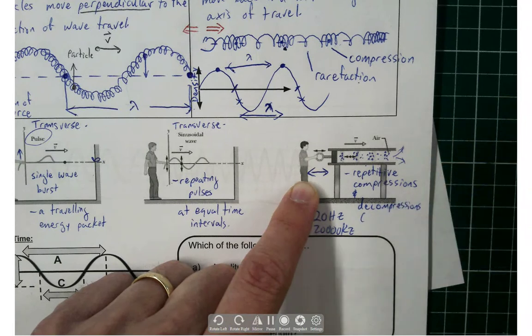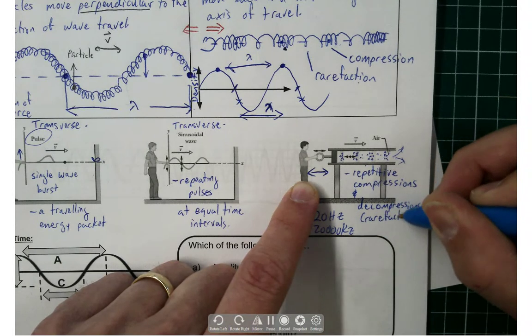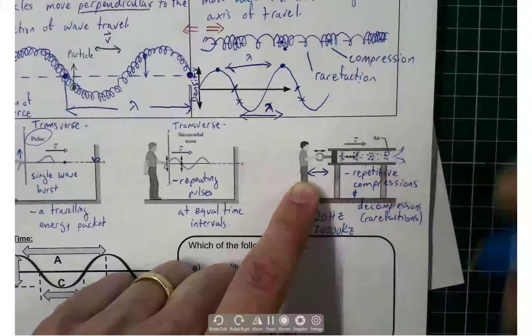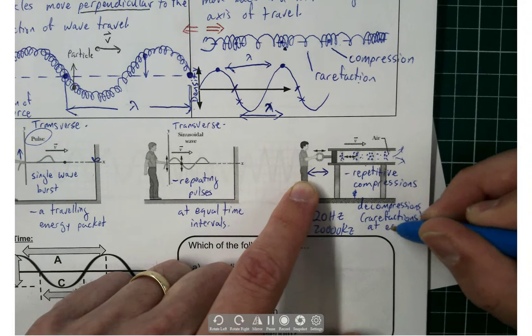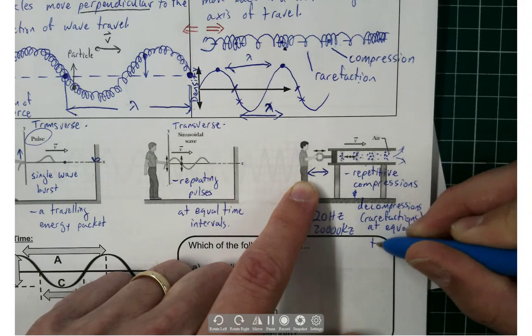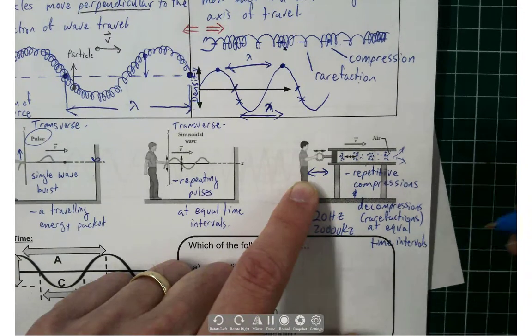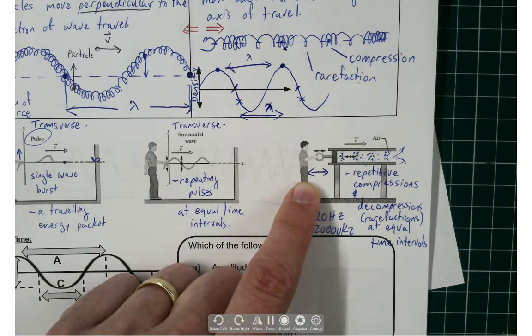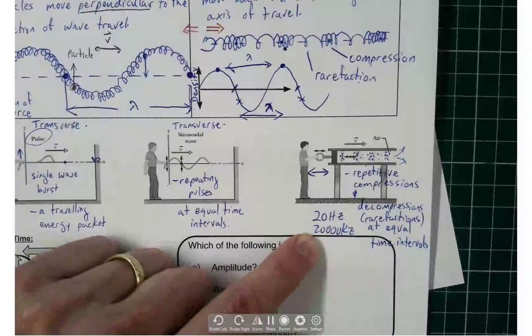And remember, we don't really call them decompressions, we call them rarefactions. That's the proper name. And we've got to be specific: at equal time intervals. And that would make a longitudinal airwave. And if you do it fast enough, you can hear it.